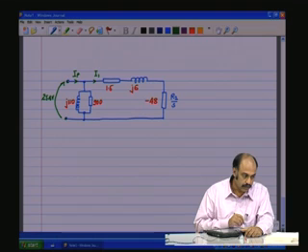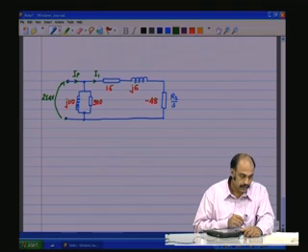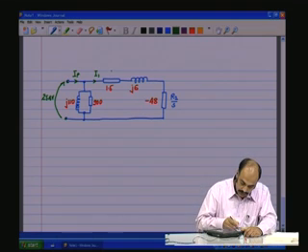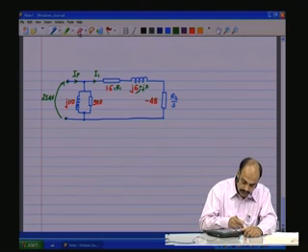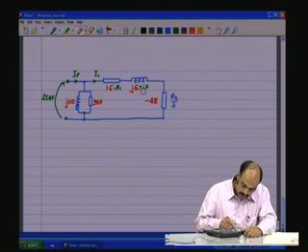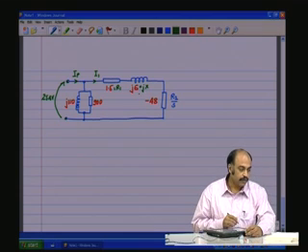So now having this, let us analyze the situation. So this is basically R1, and we will call this one just jX. This is equal to jX. Okay.